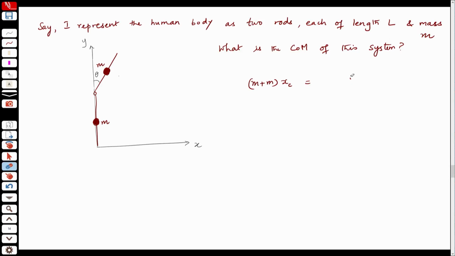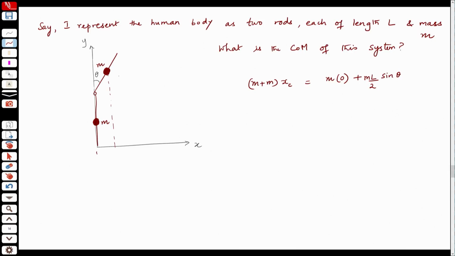So, let us say for the first mass my x coordinate is 0. For the second mass, this is L, so this is L by 2, m L by 2 into sin theta.